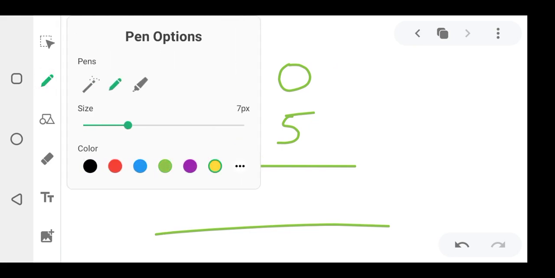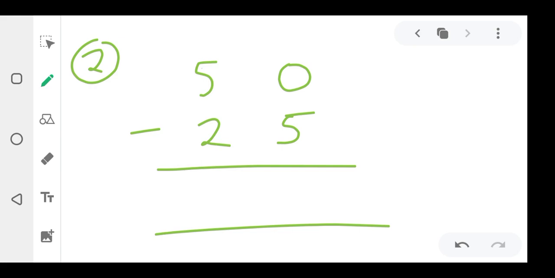I said whenever the number on top is smaller. Have you seen 0 is smaller than 5? There's 0 on top, and 0 is smaller than 5. So if there's a smaller number on top, it means you have to borrow 1 from this number. So I borrow 1 from 5. 5 will become 4. Then that 1, I add it to 0, so it becomes 10.